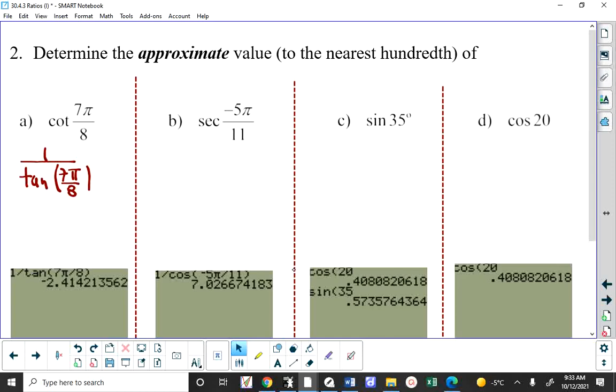I put my calculator into radian mode. I have to be in degree mode here for the sine of 35. I have to be in radian mode because there's no degree symbol. It's a bit of a trick question. So you have to put your calculator into radian mode and then go cos of 20.